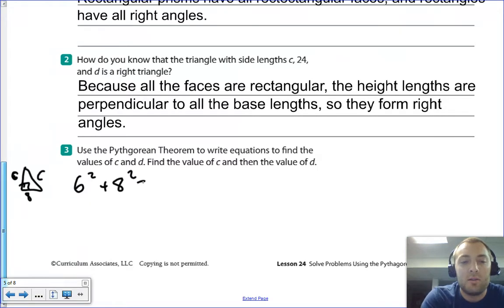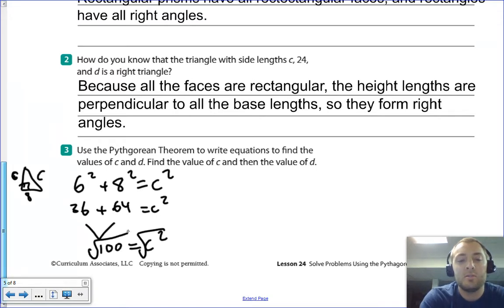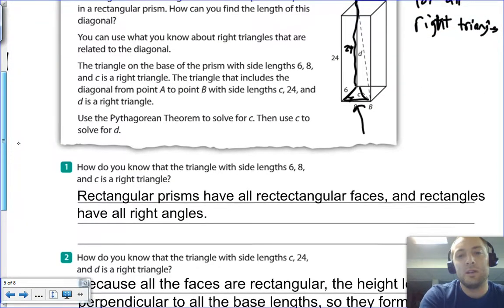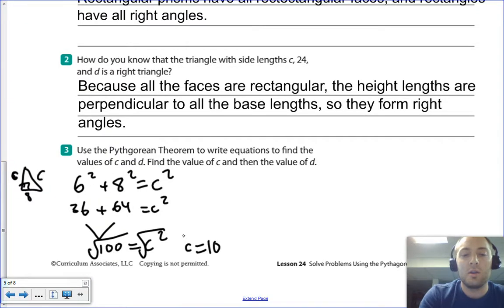C is the hypotenuse, so it should be equal to C squared. All right, let's do some math. 36 plus 64, which is 100. And last step is to take the square root of C squared to get C. So C is actually 10. It doesn't have units here, so 10 units.